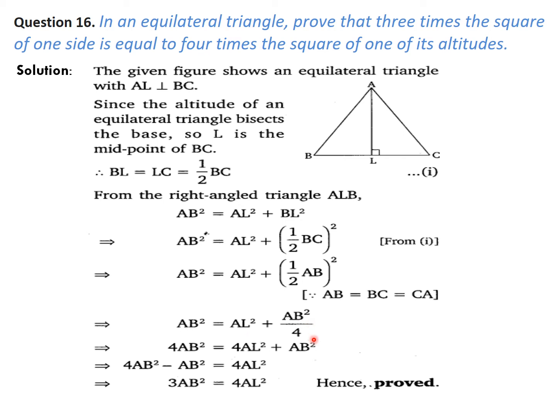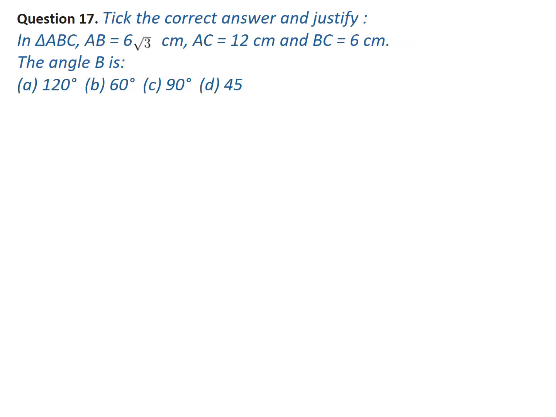If we calculate further, we get 4AB square is equal to 4AL square plus AB square. Take all the ABs to the left hand side, and therefore if we calculate further, we'll get 3AB square is equal to 4AL square. Hence proved.